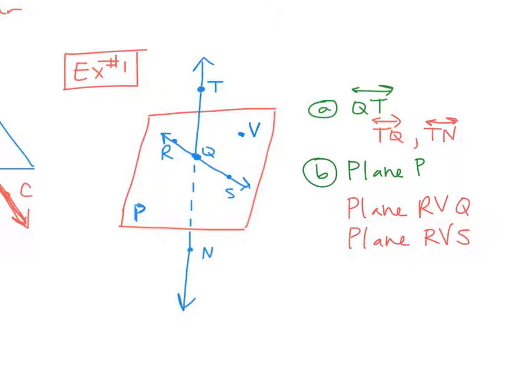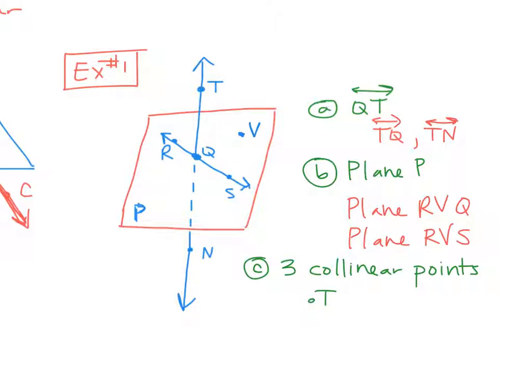Okay, how about, can you give me 3 collinear points? So collinear means they're where? On the same line, right? TQN would work.